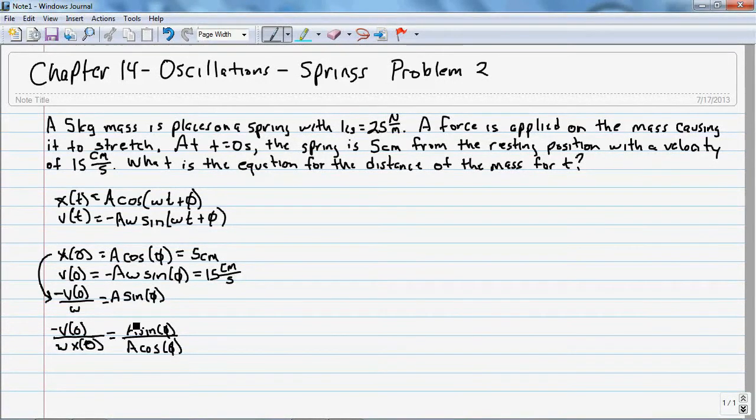The a's are going to drop out, so I have the tangent of phi is equal to the negative velocity at 0 over omega times x at 0. And so phi is just going to be the arctangent of negative velocity at 0 over omega times x at 0.